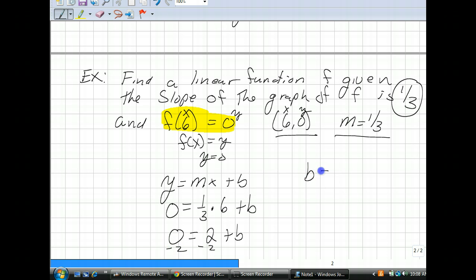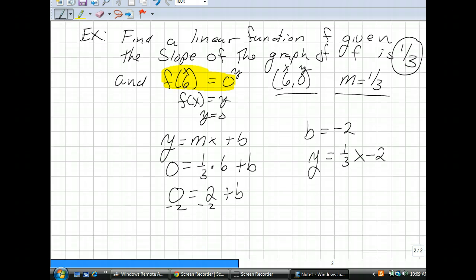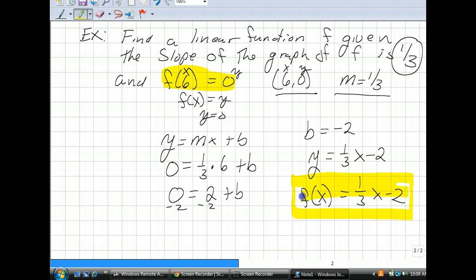So then b must equal -2. So the graphing form of the equation is y equals 1/3 x minus 2. But now I want to put it in function form, so all I do is replace the y with f of x. And there we have the linear function whose slope is 1/3 and that goes to the point (6, 0).